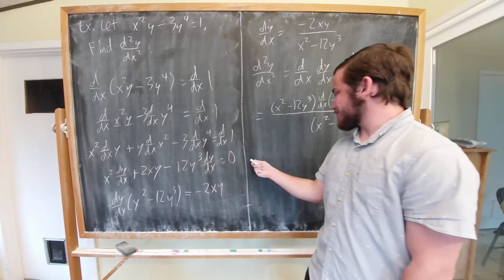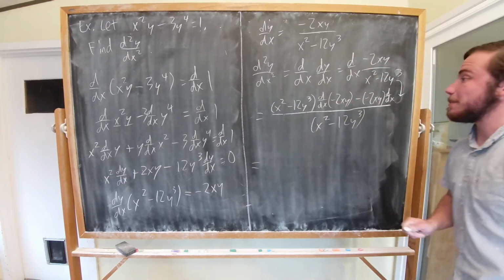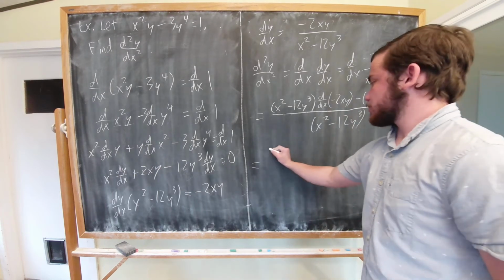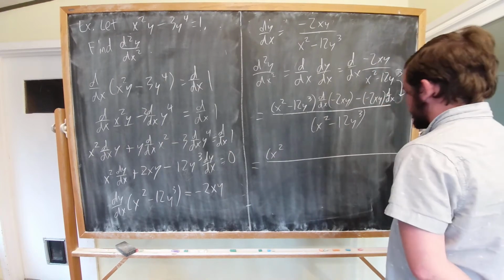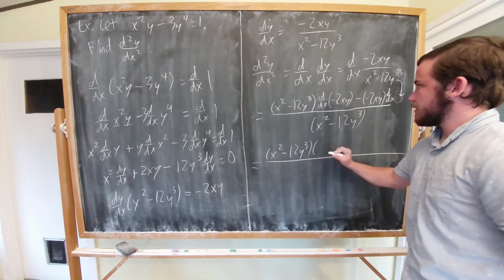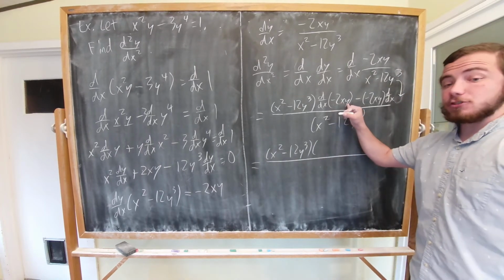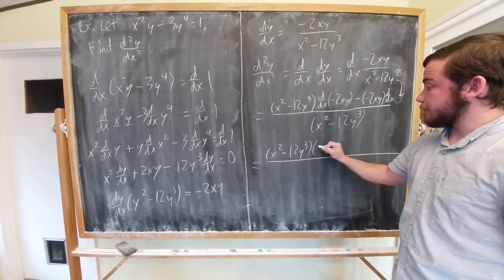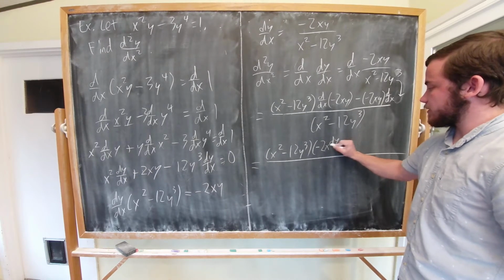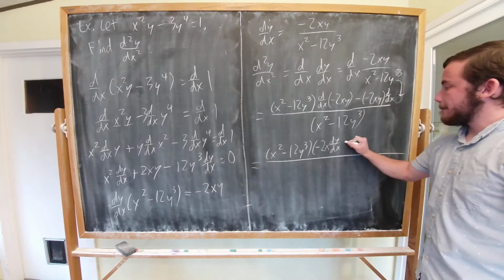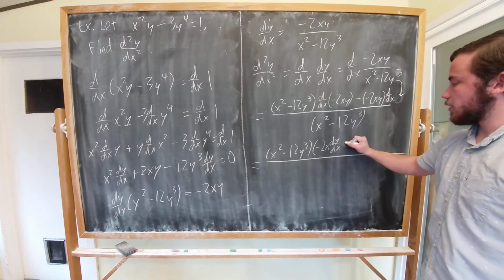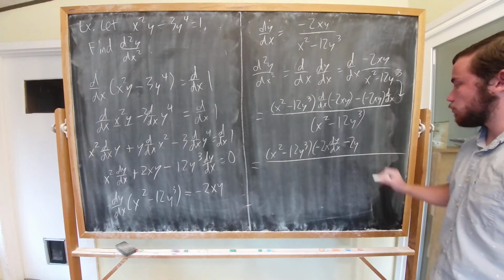Okay? Unfortunately, the trouble doesn't stop here. We have another product rule. So we're going to get x squared minus 12y cubed times, okay, let's break it up as negative 2x times y. We'll have first times derivative of the second, so dy/dx, plus the second times the derivative of the first. So that'll give us minus 2y.